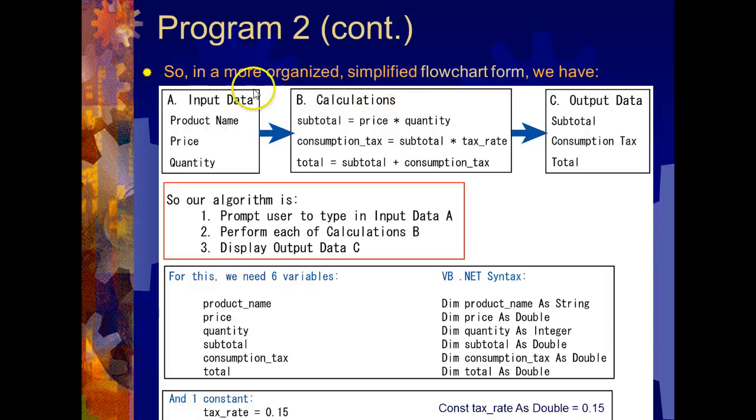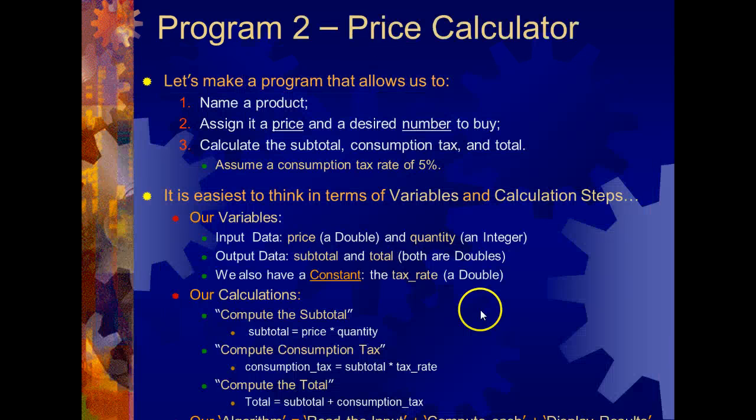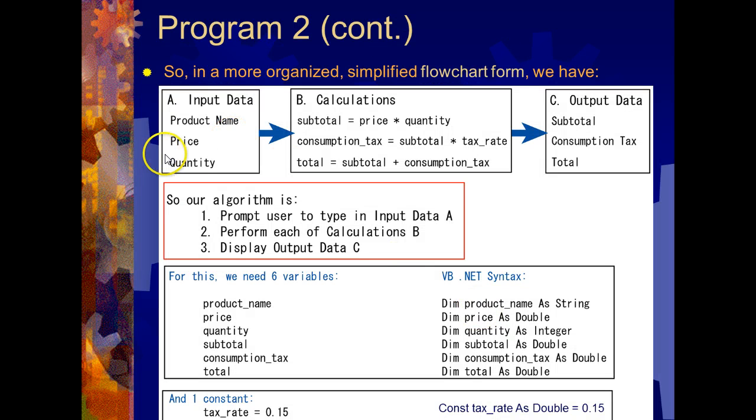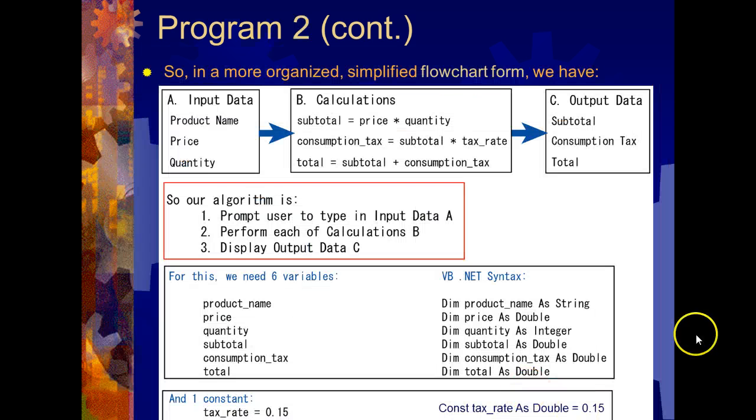Input the data means here we want the product name, the price, and the quantity. Calculations, we said we need to calculate the subtotal, the tax, and the total. So subtotal, consumption tax, and total.